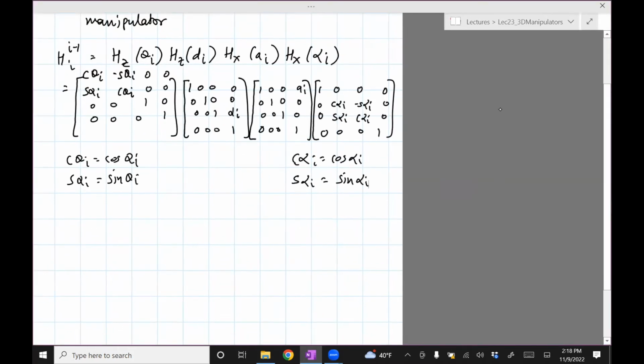Okay, so these parameters, theta i, di, ai, alpha i are known as the DH or Denavit-Hartenberg parameters.